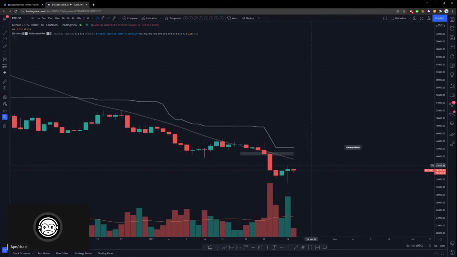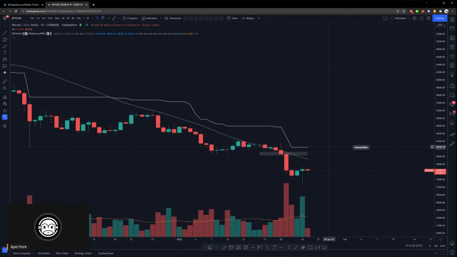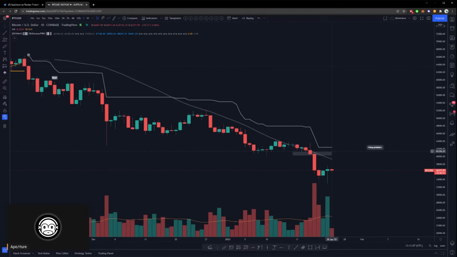So I think for a real trend reversal on a daily, probably Bitcoin has to break 42, but we'll see if that really happens in the next few days or weeks. These are levels that are important to watch in the next few days or weeks.